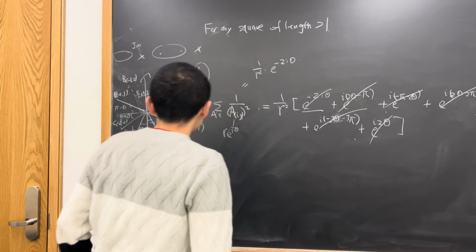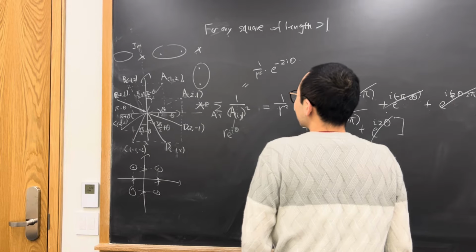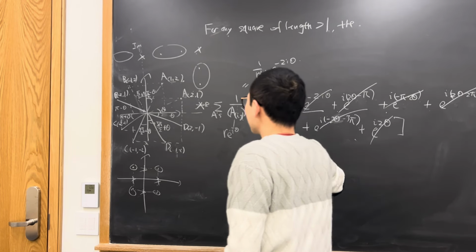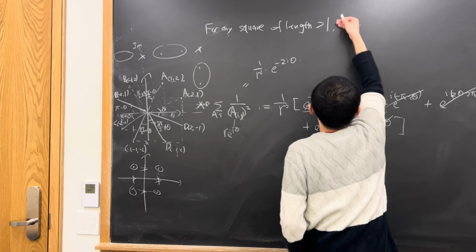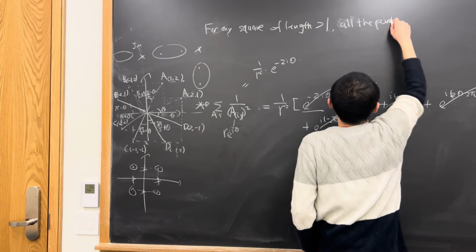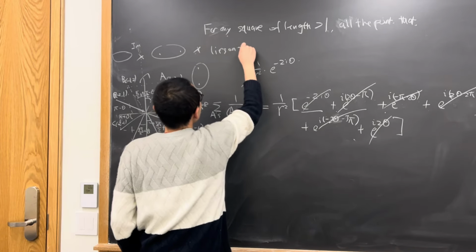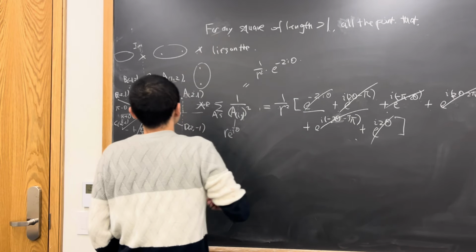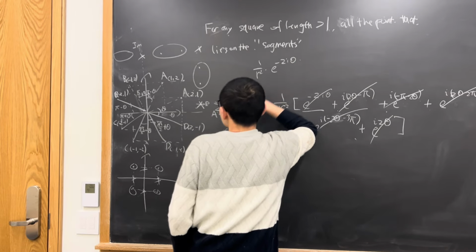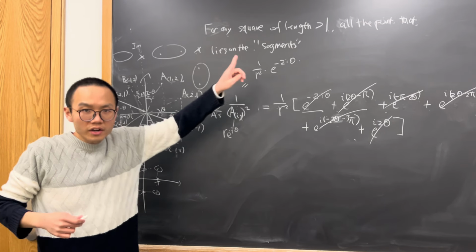For length bigger than 1, all the points that lie on the segments. By segments, I just mean these circle-like points. For each there are exactly 8 segments.